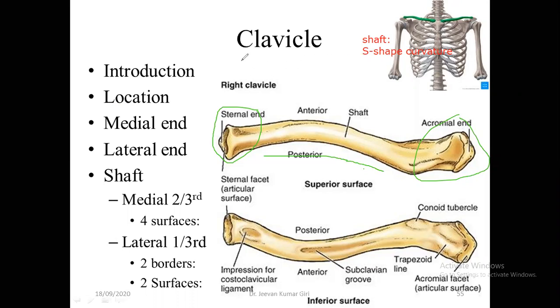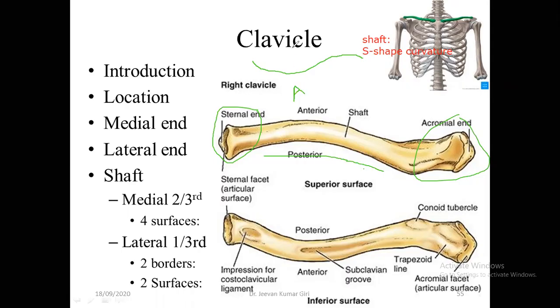Suppose this is the medial end. In the medial end, it's like this. Suppose this is anterior and this is posterior, for my diagram, not for this bone.